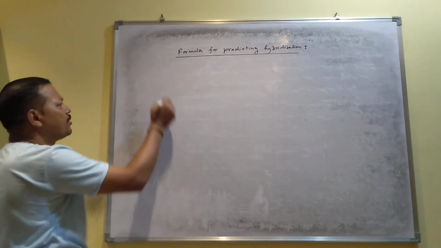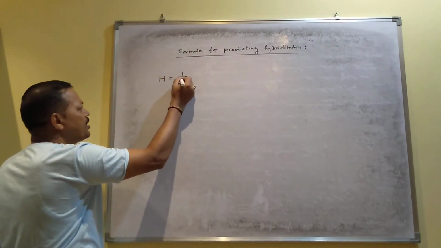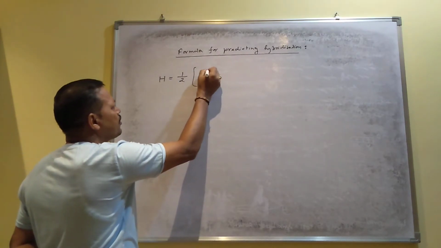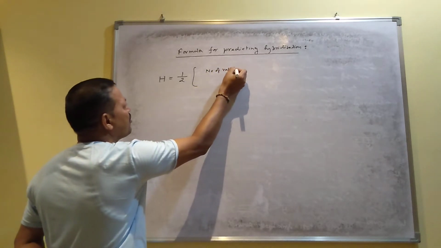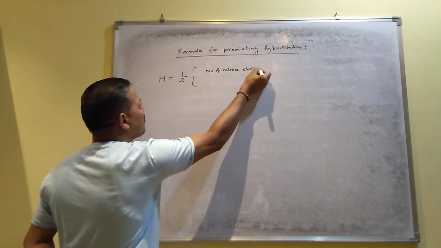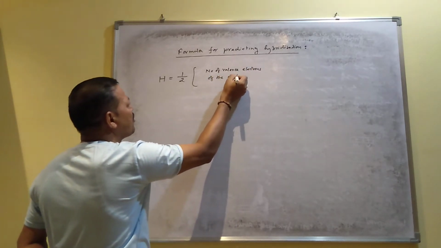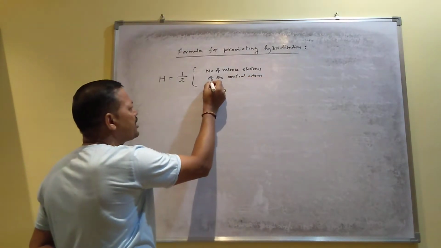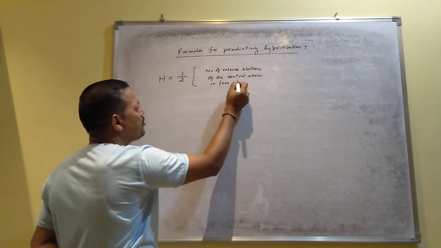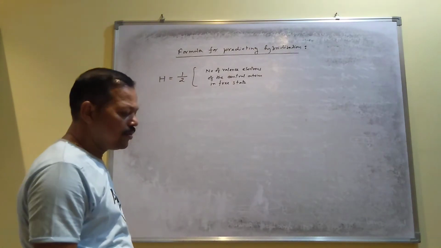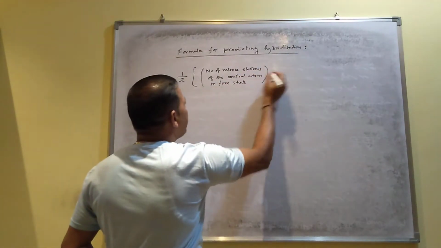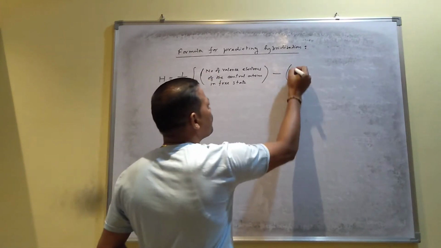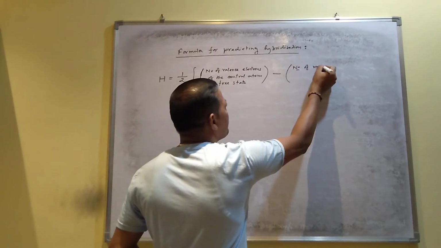The formula is H is equal to, H means hybridization, half of the number of valence electrons of the central atom in free state or in ground state, minus number of monovalent atoms.